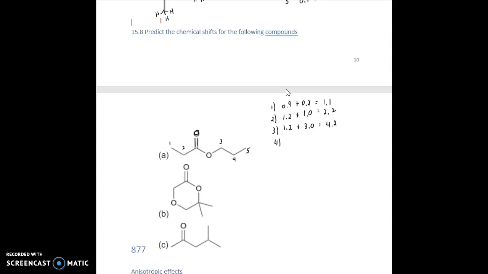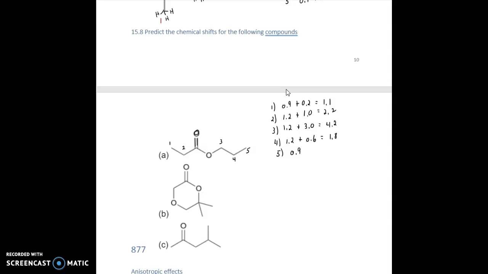The ones at the 4th position, also methylene protons, so they're 1.2, and they are beta to that same ester group. So that's 0.6, which gives us 1.8. The protons at the 5th position are gamma to that ester group, and so there's no effect. And they're methyl protons, so we expect to see them at 0.9.